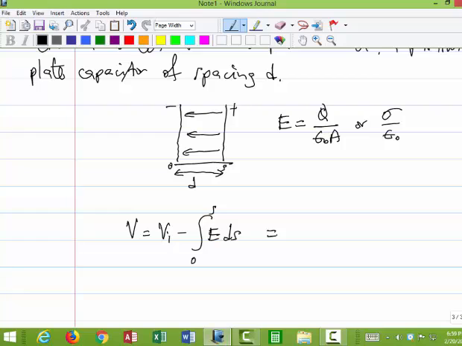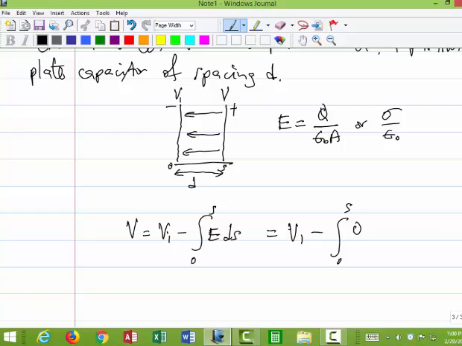We are going from an initial potential at 0 to a final potential V. So the plate has a potential difference of V on it. S is just the distance between the plates, but we'll get to that shortly.